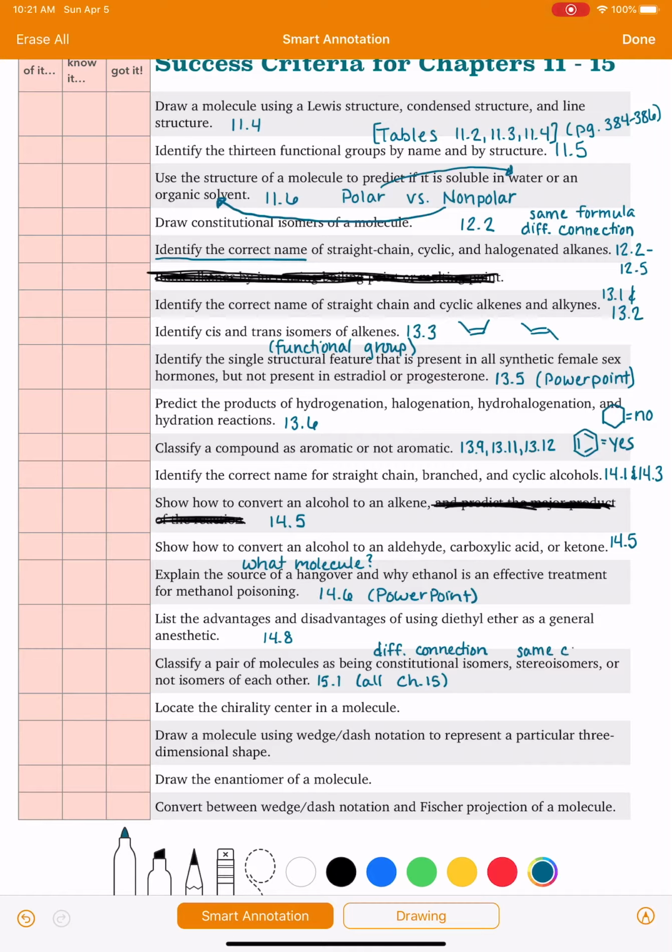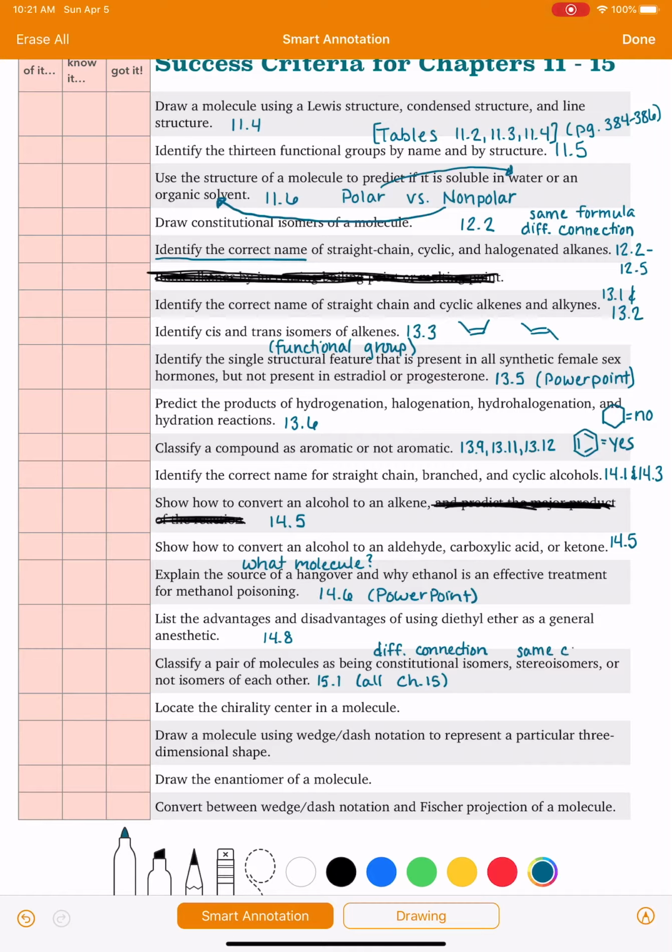Locating the chirality center of a molecule is in section 15.3. This is finding a carbon that has 4 single bonds to 4 totally different things, 1, 2, 3, 4. Drawing a molecule using wedge and dash notation to represent a particular 3-dimensional shape.